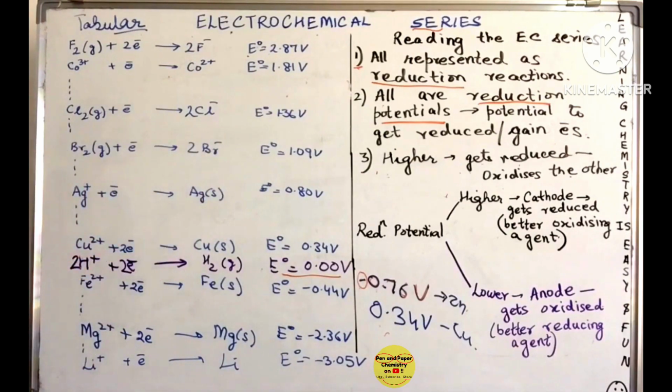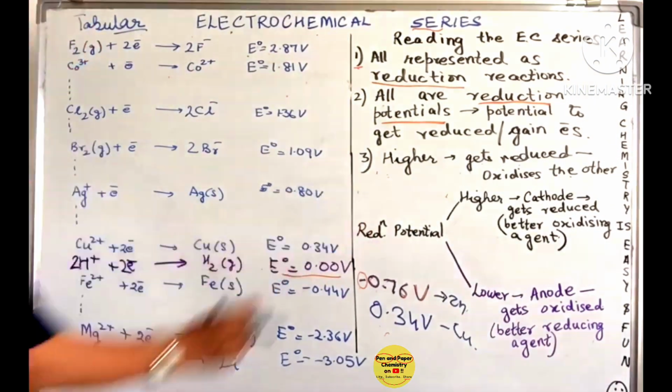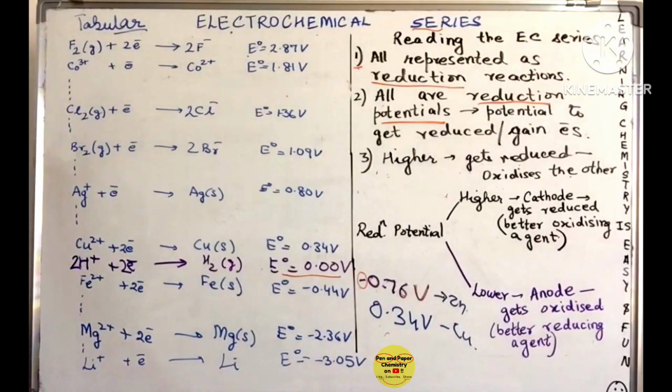Higher the reduction potential will behave as cathode, right? Perfect. So chlorine will behave as the cathode. It will get reduced. It will oxidize bromine. So bromine will get oxidized, whereas chlorine will become the oxidizing agent.